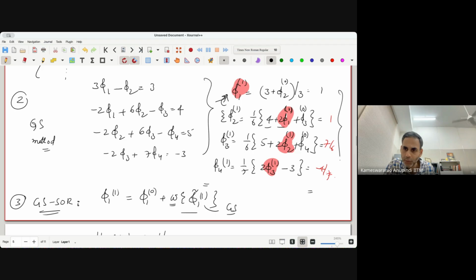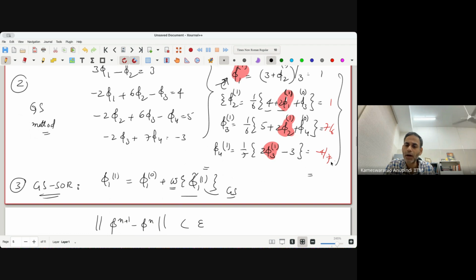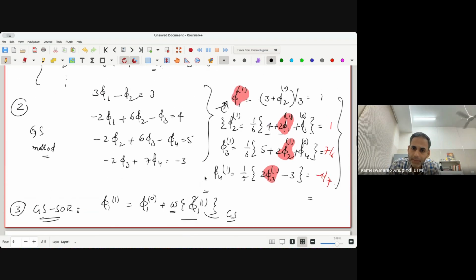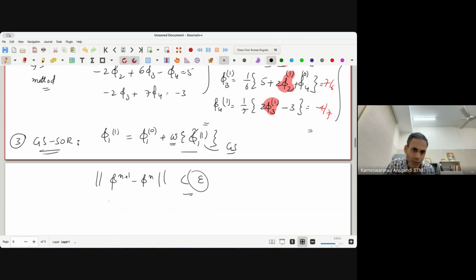If all these four values are not changing from iteration to iteration, or they are changing less than this tolerance in some norm, then you can stop it. That means you are essentially leading to some converged values. So some norm, infinity norm, 2 norm, something like that.